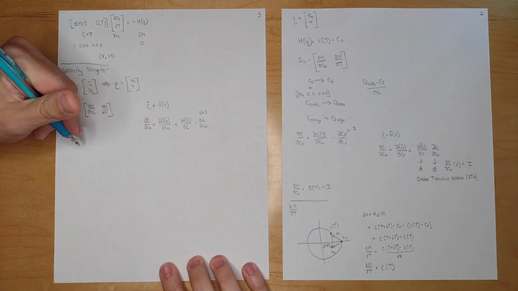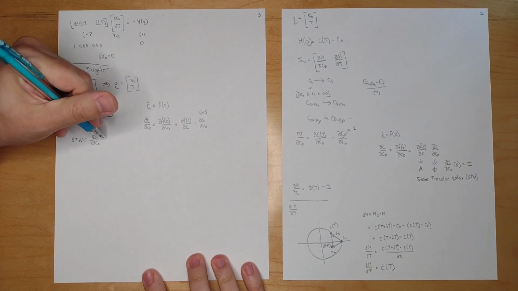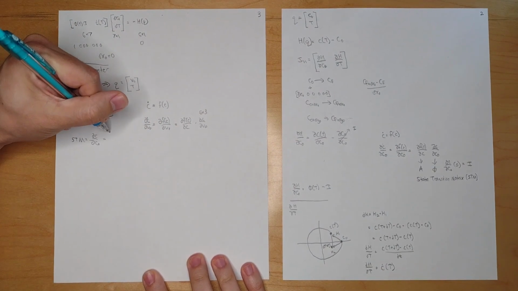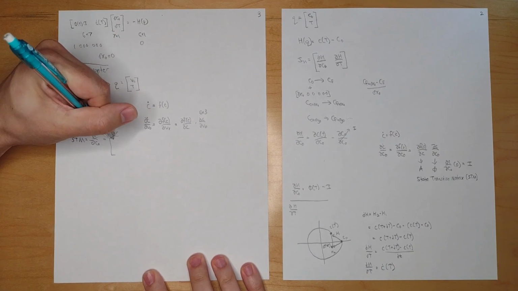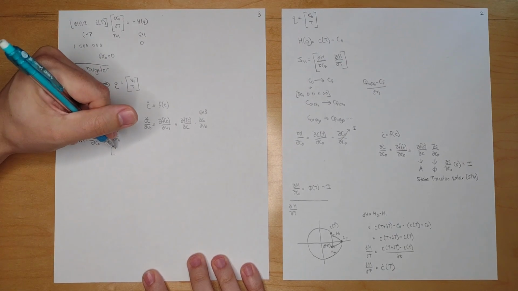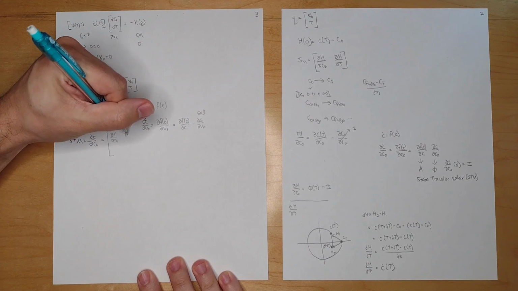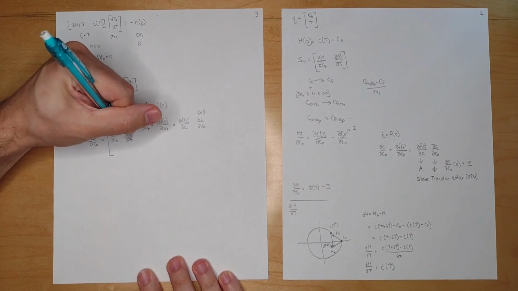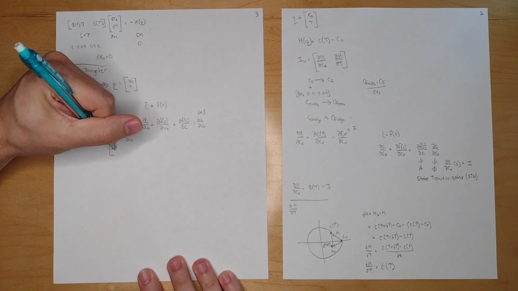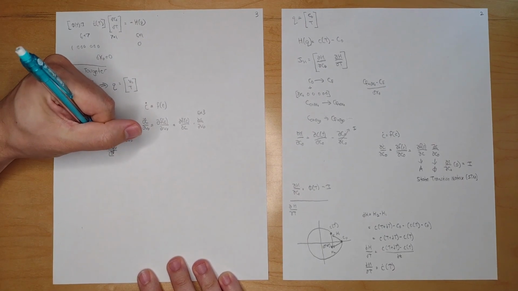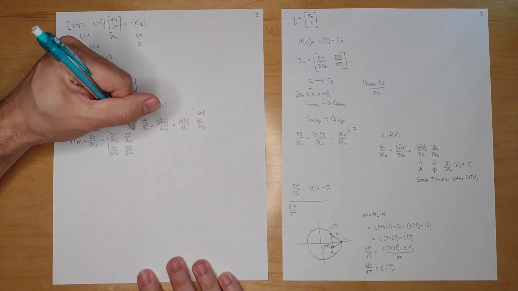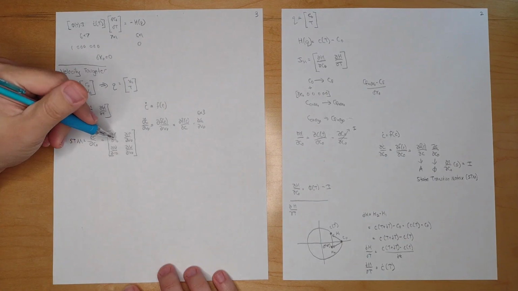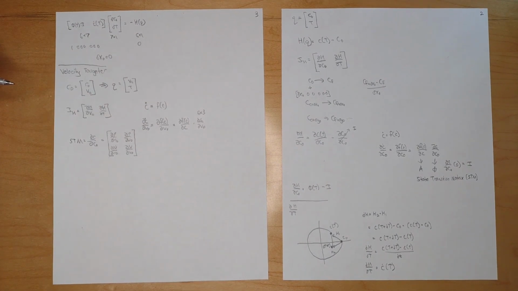That's because the state transition matrix, when it's the derivative of the full state with respect to the initial condition, is the derivative of the position with respect to the initial position, the derivative of the position with respect to the initial velocity, and the derivative of the velocity with respect to the initial position and the derivative of the velocity with respect to the initial velocity. So we're just ignoring these values.